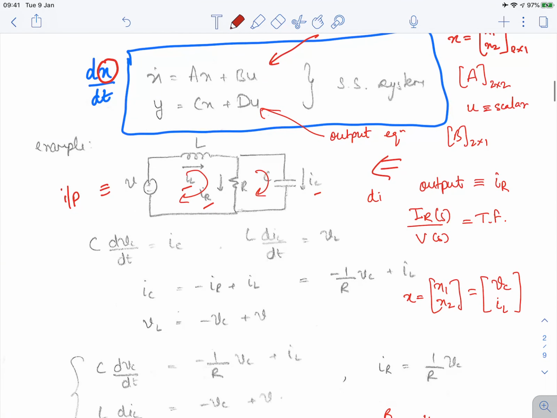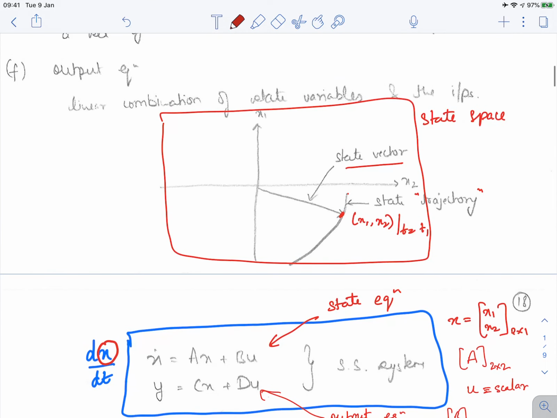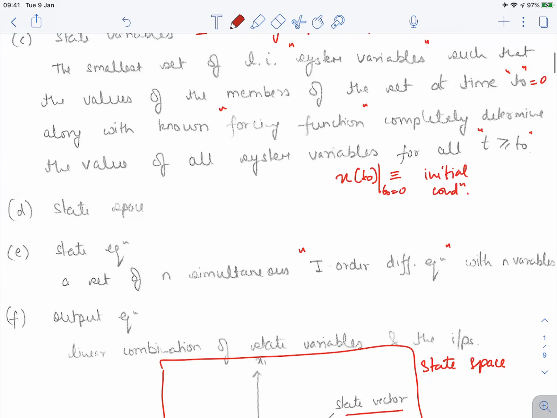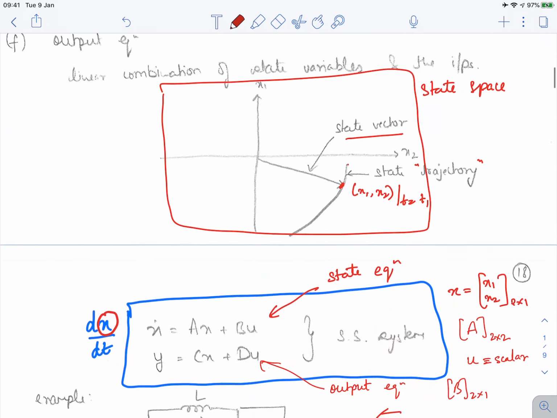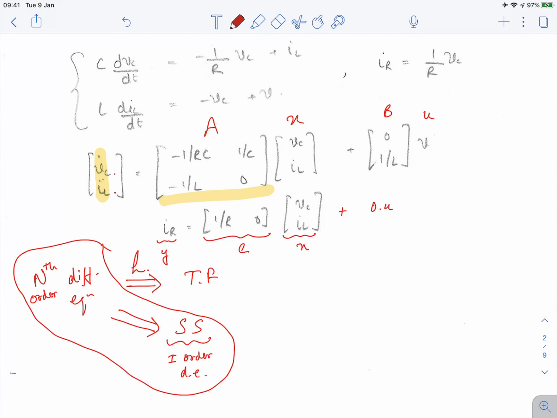Okay, so I think we can stop here today because there is a lot for you to study by yourself also. But this is the overall idea: given the differential equations, which are basically the core part of capturing the dynamics of the system, by taking the Laplace transform I can compute the transfer functions.